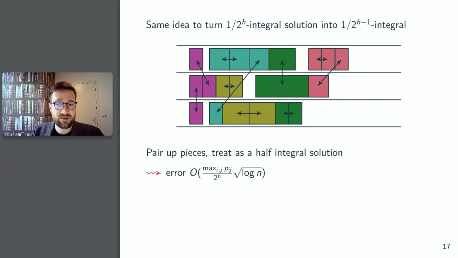Why is that? Because since we split every job into 2 to the h pieces, the processing time, or the maximum processing time, also reduces accordingly.